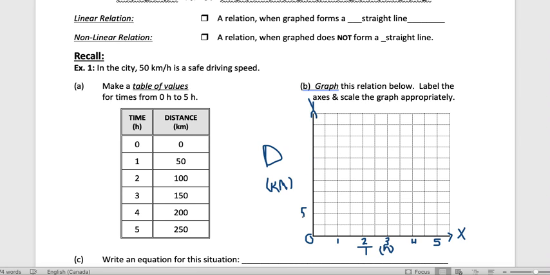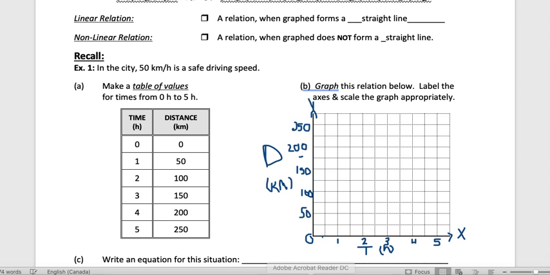So this is 50, 100. This one would be 150. This one would be 200. And then 250.